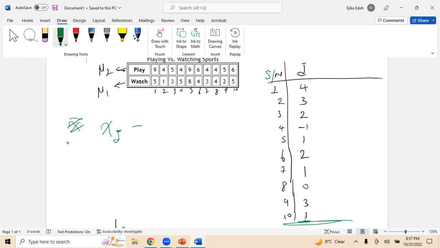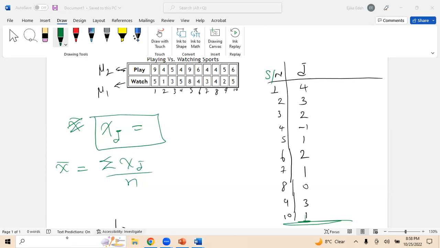So if we're looking for this mean, it would be given as the sum of all those differences divided by how many they are. The same definition of mean that we know. So we're going to add up everything here, okay? Let's go ahead and use the calculator.